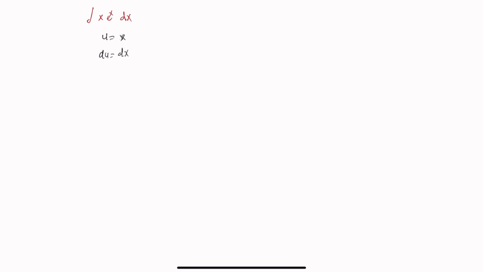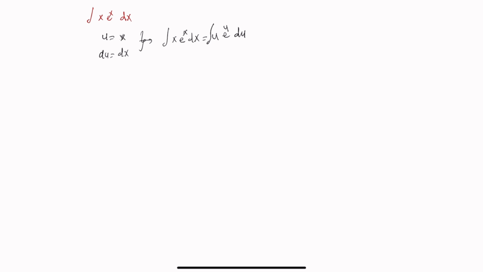Now the integral of x e to the x dx becomes u e to the u, and dx is just du. Notice this is exactly the same as the integral on top. Here the variable is u, and there the variable is x. So we don't use u substitution here because it's useless.